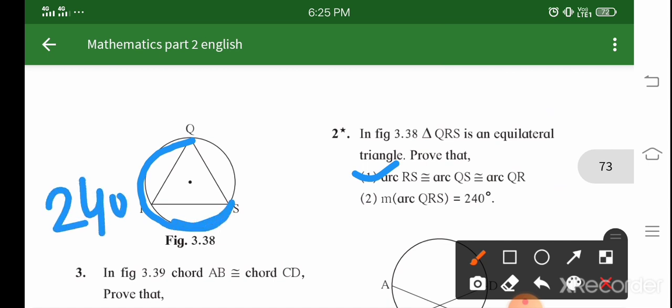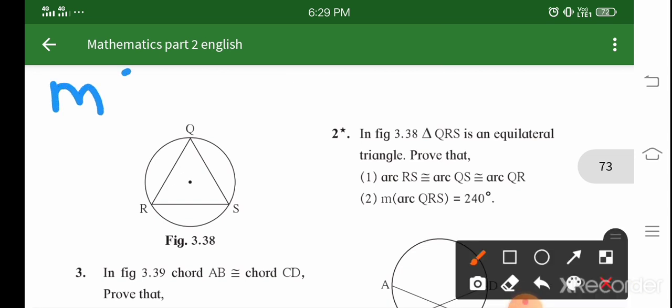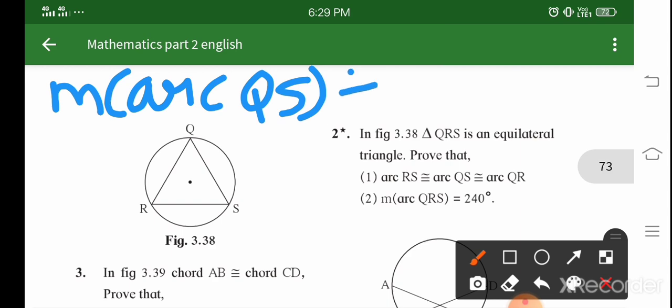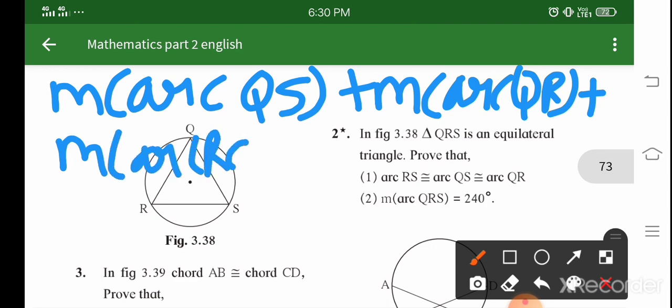As we know that these three arcs are congruent, we can substitute. We write measure arc QS plus measure arc QR plus measure arc RS is equal to 360, because this is a circle.